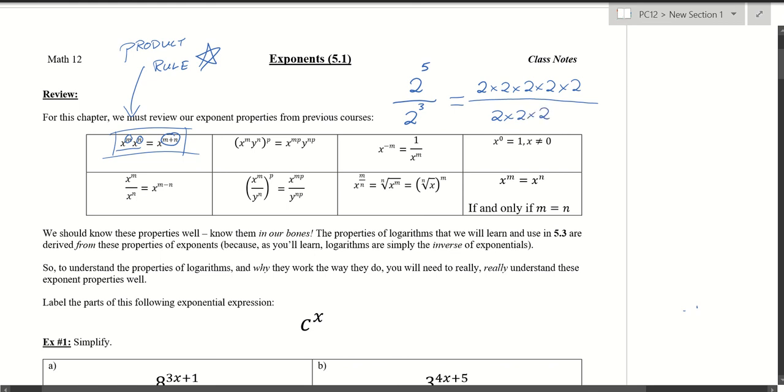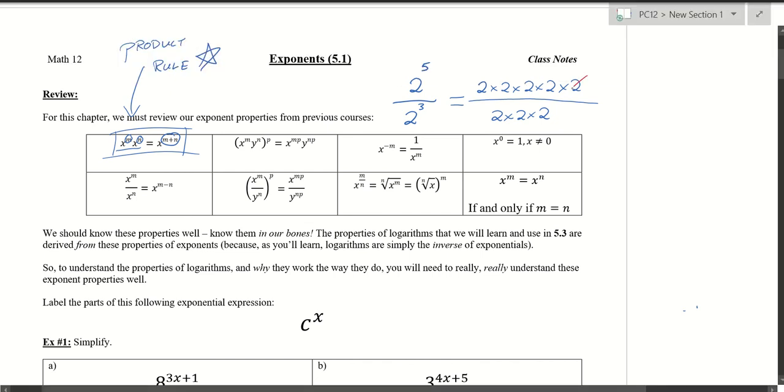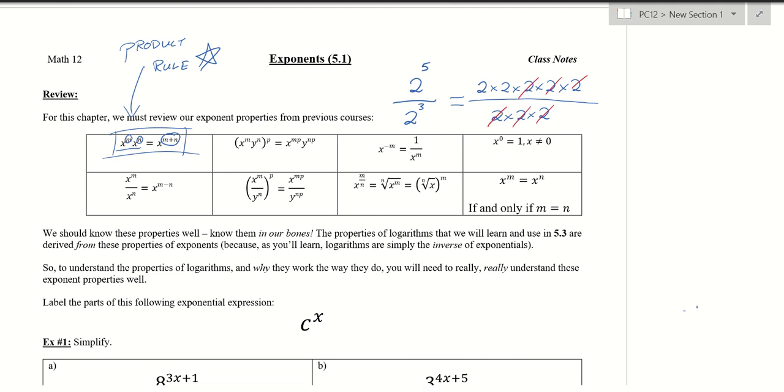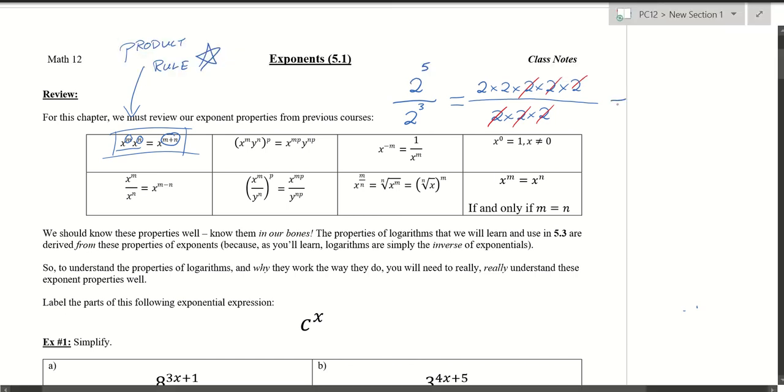Now we can simplify this, right? We have factors on the top that are identical to factors on the bottom. 2 divided by 2 is 1, so we say they cancel, and the same for the next two pairs. What are we left with? In the numerator, we're just left with 2 times 2, which is really just 2 squared.